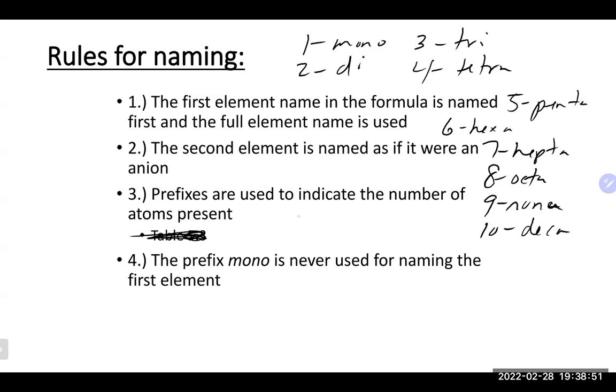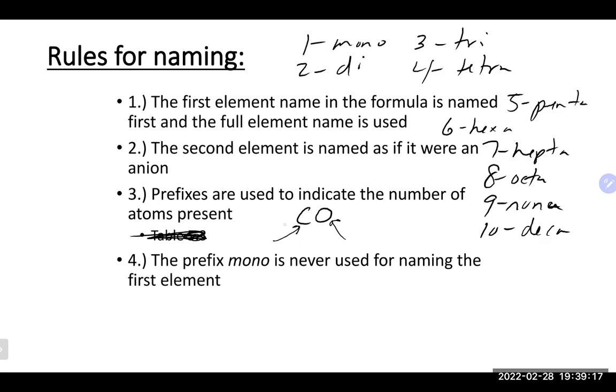For example, if we had CO, C is carbon, oxygen is O, and that is two nonmetals together. At that point, you should be really happy and go, it's just prefixes. You should be happy because you don't have to figure out charges. You don't have to figure out anything else. You pretty much just need to use the appropriate prefix of what is there. One carbon would be mono. One oxygen would be mono in terms of the prefix.